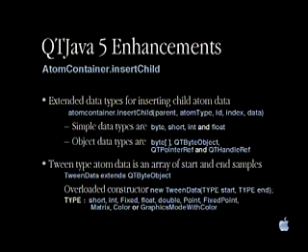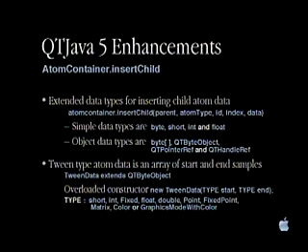For tween type atoms, where the data is actually an array of two elements, that is a start and end sample, we have a new class, tween data, which extends Qt byte objects so it can be used directly with the insert child call for atom container.